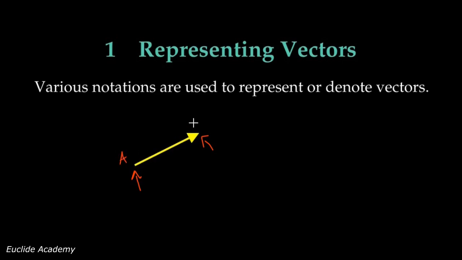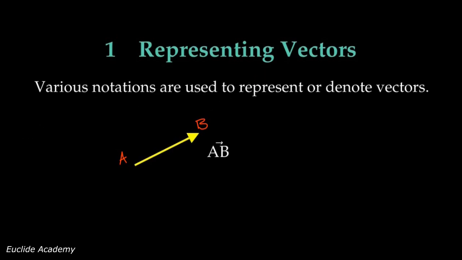So we can label the tail as A, and we can label the head as B. So these are two things we could be interested in when it comes to vectors, because we're looking at direction. So hence we can label that the direction of this vector is from A to B, and we can represent this by writing AB with some vector arrow on top.